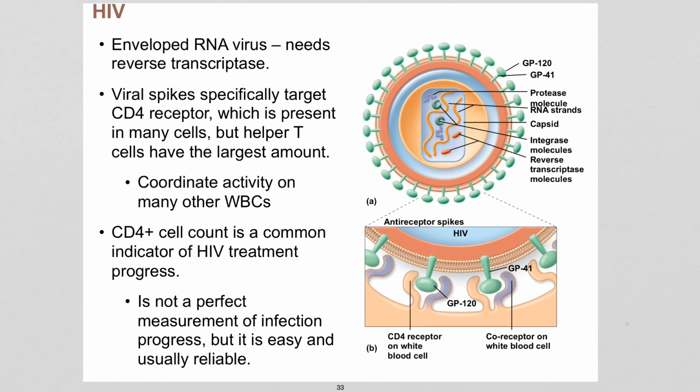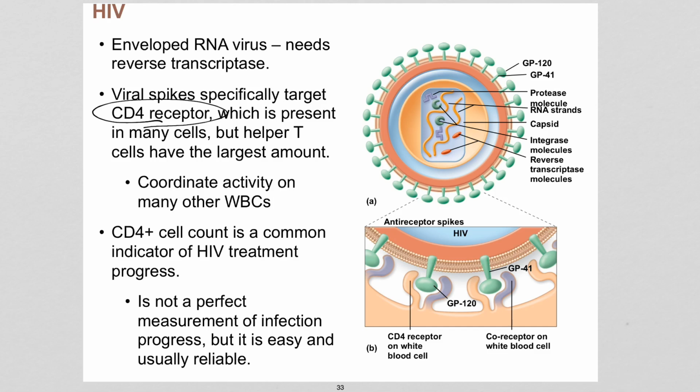The first thing is HIV, like all other viruses, is very specific to one cell type. That cell type is helper T cells, which is a type of lymphocyte, white blood cell. And it does this because the spikes on HIV specifically dock to a receptor complex, the main component of which is called CD4.